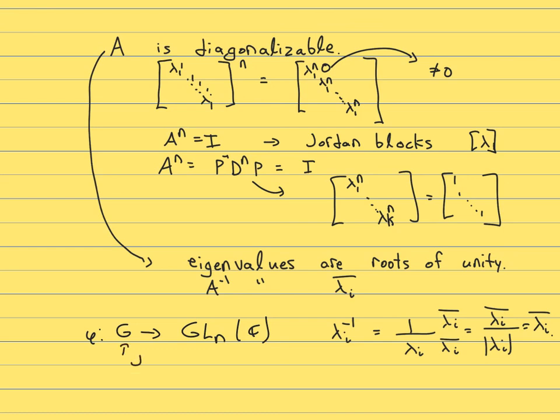So any element has a finite order, we'll say k, and its image is going to have order dividing k. So even though we talk about representations over the general linear group, the only actual matrices you can get are the diagonalizable ones whose eigenvalues are roots of unity.